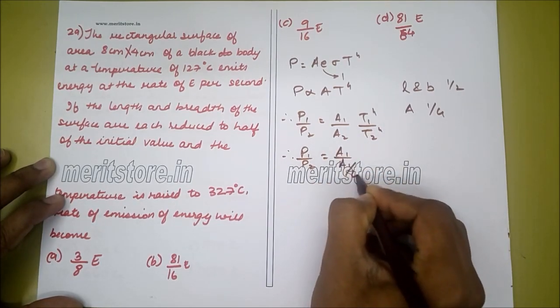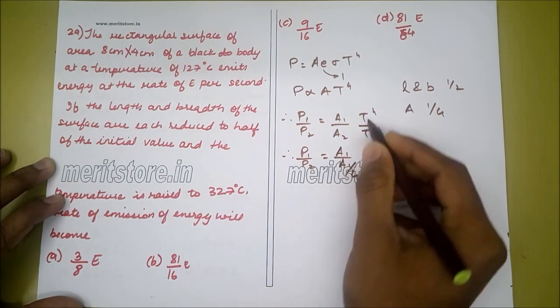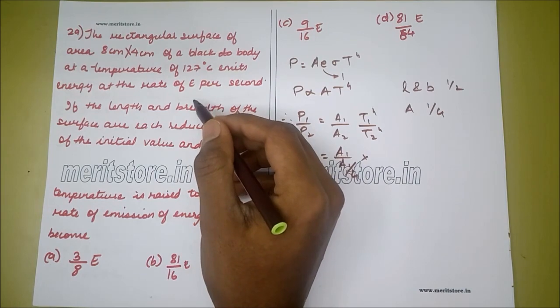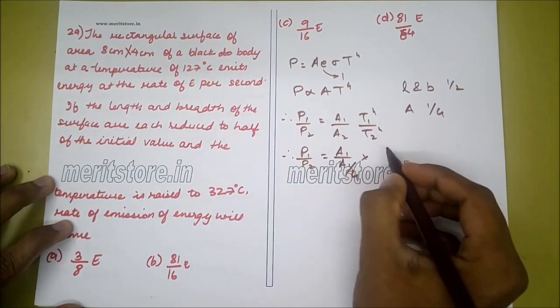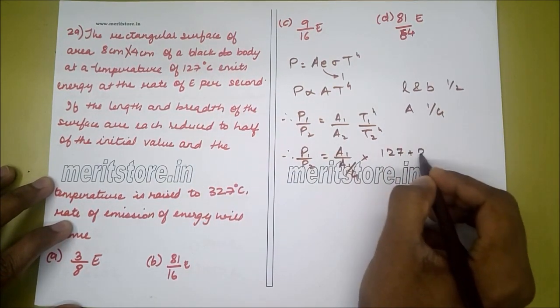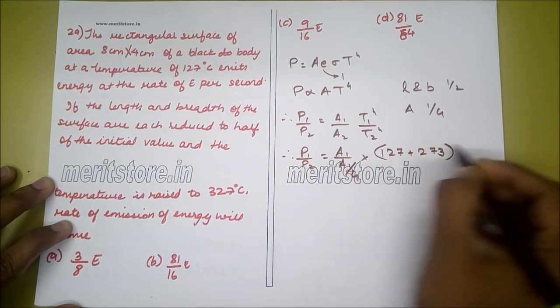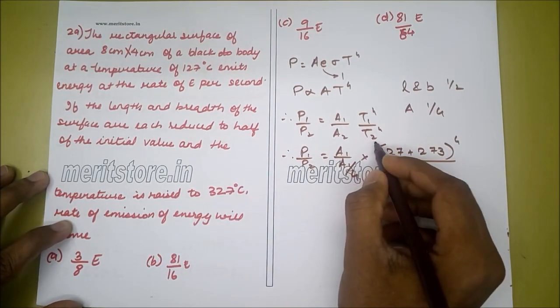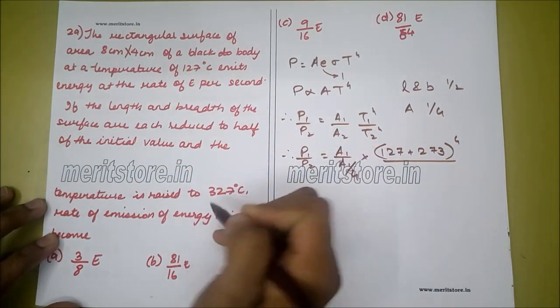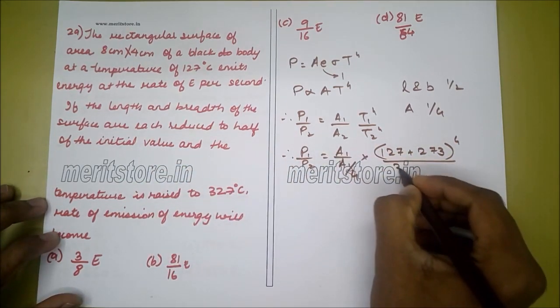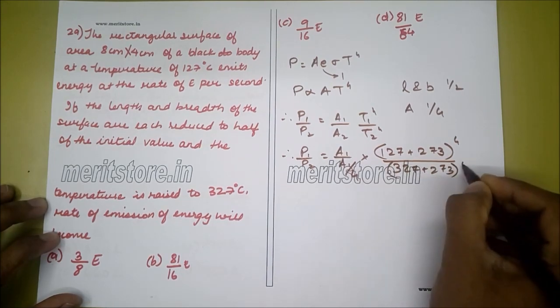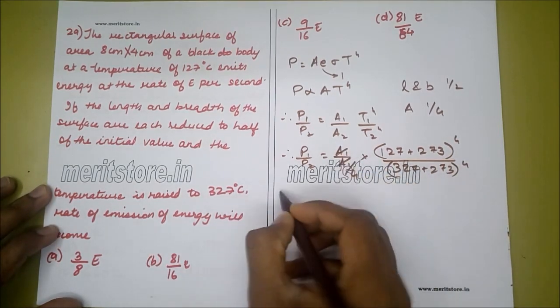So A1 by 4 times T1, which is 127 degrees Celsius, so 127 plus 273 in order to convert into Kelvin, raised to 4, upon T2, given as 327 degrees Celsius, so 327 plus 273 Kelvin raised to 4.